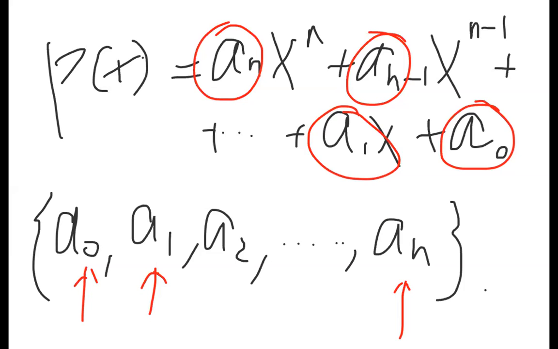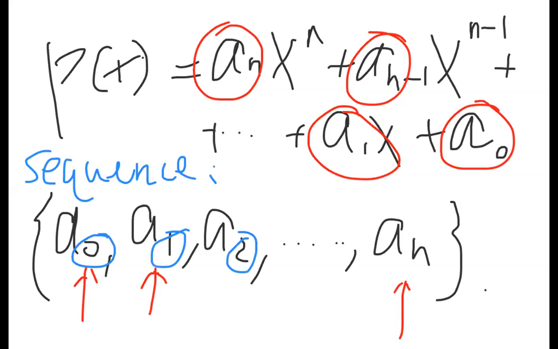We call this a sequence. And this number denotes its position. Think of a sequence as a queue with a bunch of people lining up, and you put a number on each person.